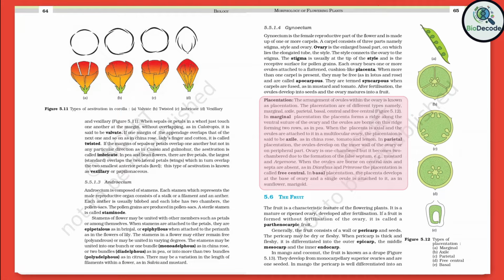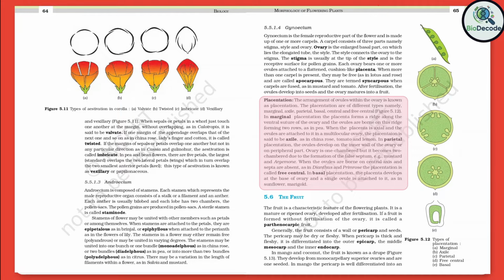Figure 5.12. In marginal placentation, the placenta forms a ridge along the ventral suture of the ovary, and the ovules are borne on this ridge, forming 2 rows, as in pea. When the placenta is axial and the ovules are attached to it in a multilocular ovary, placentation is said to be axile, as in China rose, tomato, and lemon. In parietal placentation, the ovules develop on the inner wall of the ovary or on the peripheral part.